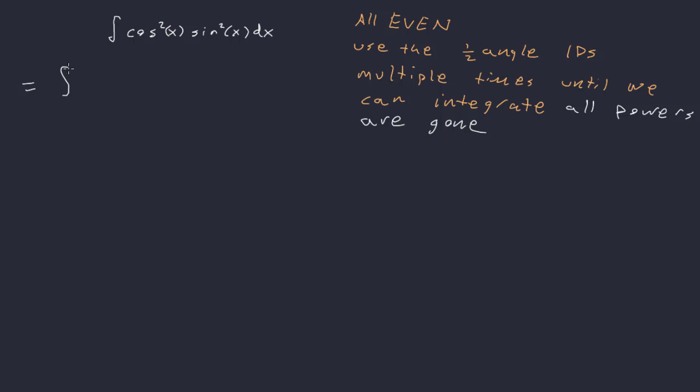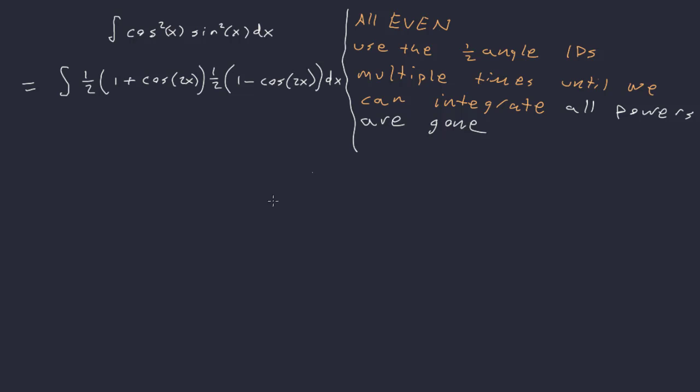Okay, so we use the half angle on cosine squared. So I like to write it with this already factored out form as the 1/2 times 1 minus, or with cosine, it will be plus 1 plus cosine of 2x. And then here the 1/2 1 minus cosine of 2x dx.